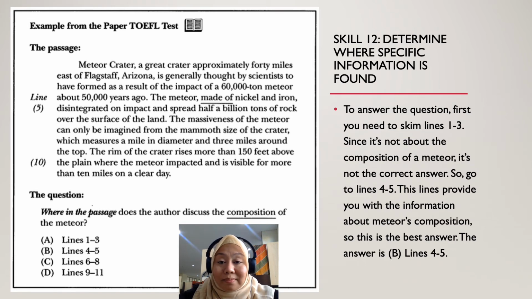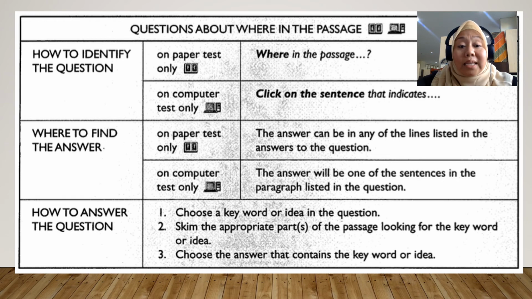Take a look at the table here. How to identify the questions? The question will probably be "Where in the passage..." And where to find the answer? The answers can be in any of the lines listed in the answer choices of the question. So what you have to see is what's inside the lines listed in the multiple choices.